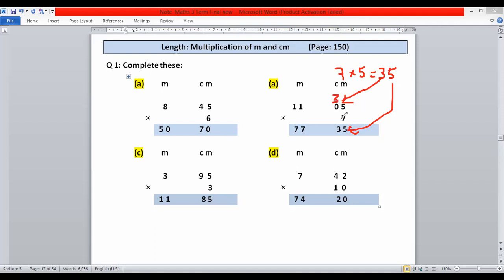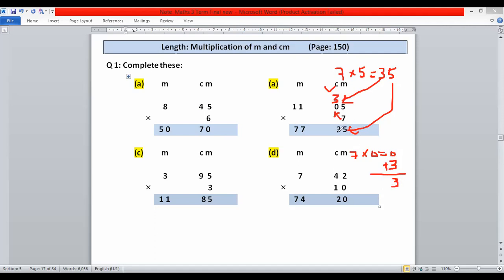After that we multiply 7 by 0. In the second step we multiply 7 times 0, which means 0. 7 zeros are 0. Then we add this carry. 0 plus 3, we get 3.